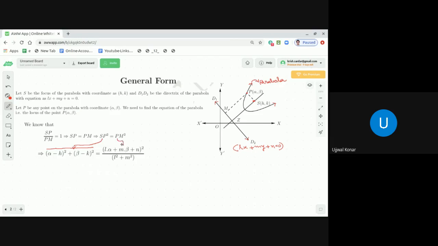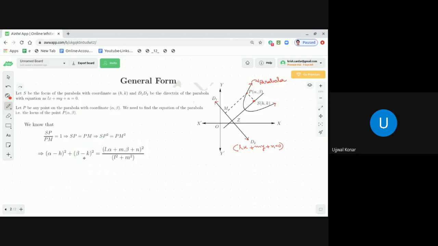PM square is this, because that is the length of a perpendicular from a point to a straight line. The equation of the straight line is lx plus my plus n, so we replace x by alpha and y by beta, that is l alpha plus m beta plus n, whole square, divided by l square plus m square. So now we understand why I wrote this equation.